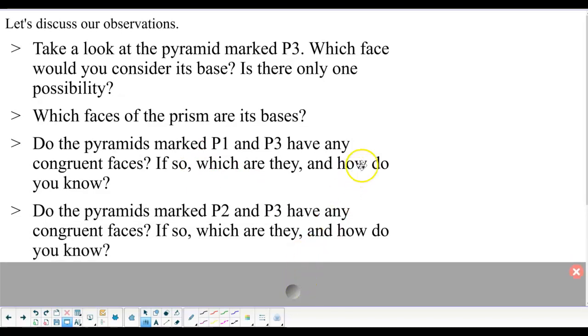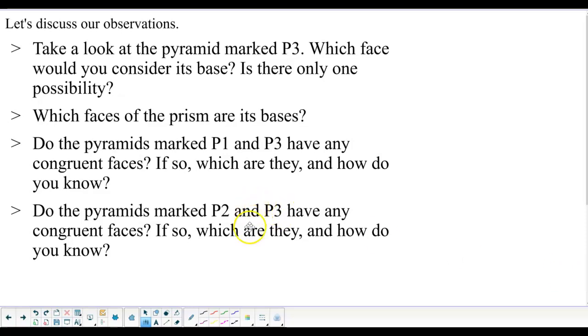All right. Do the pyramids marked P2 and P3 have any congruent faces? If so, which are they and how do you know? So why don't you take a minute here to go through and confirm with your group these 4 questions and have a conversation about each one of those. Miss Miller, you can press pause for maybe a minute or 2 to let the kids think about these problems.